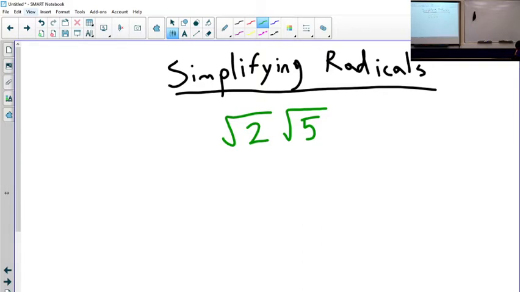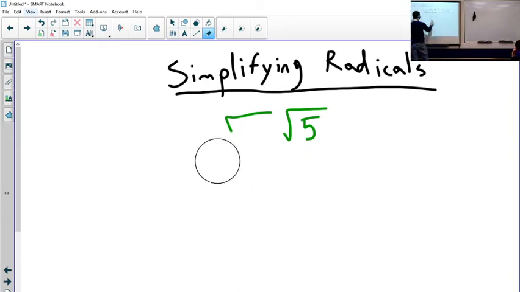We are working with seeing how square roots are going to interact with each other. So square root of 2 times square root of 5. They're both in the square root, so I can multiply them, and it's square root of 10. Okay, good on that? All right.